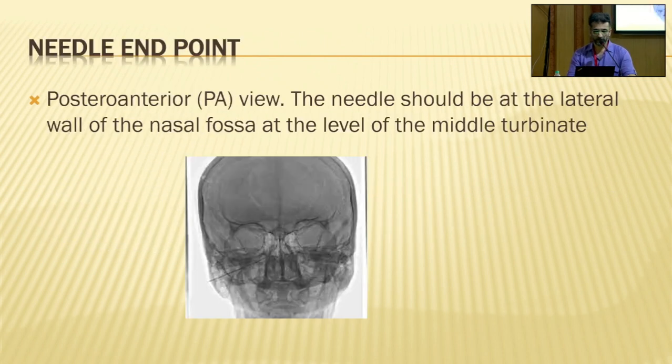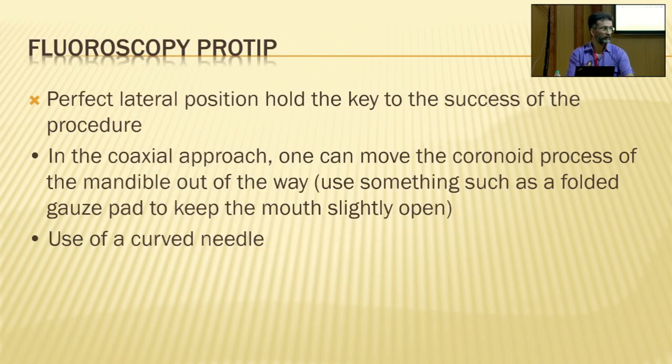AP view, lateral view, we have already covered. A few tips which I have found: a perfect lateral image is something which holds the key for the procedure. One can move the coronoid process, just ask the patient to open the mouth slightly, and that is second. Third thing, which I was even discussing with doctors who were there with me in the OT: as a beginner, there is no harm in bending the tip so that you are oriented when you are introducing it, especially in fluoroscopy.